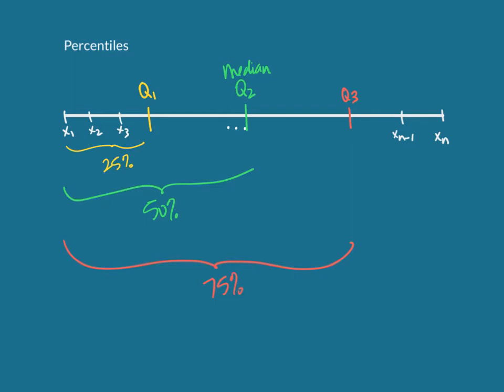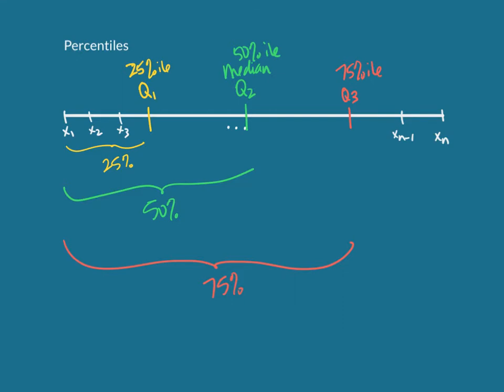So we can say that Q1 represents the 25th percentile, and the median represents the 50th percentile, and then the upper quartile represents the 75th percentile.